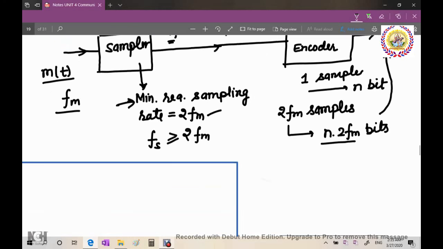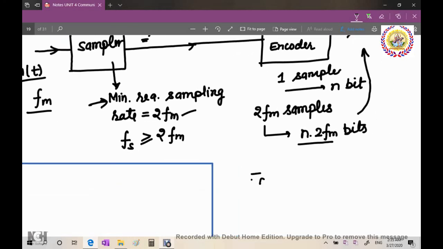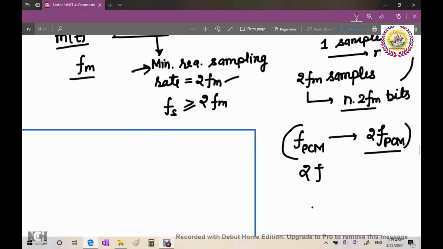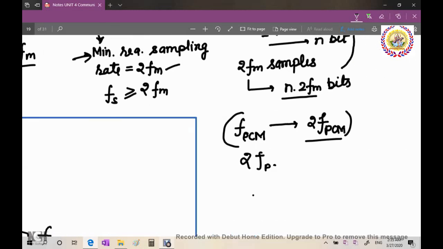Now let us suppose that fPCM is the bandwidth of the pulse code modulation signal. Then the output bit rate will be twice fPCM. Now comparing these two bit rate terms, twice fPCM with 2nfm, which is the minimum output bit rate given by the encoder, twice fPCM will always be greater than or equal to 2nfm. Why greater than or equal to?